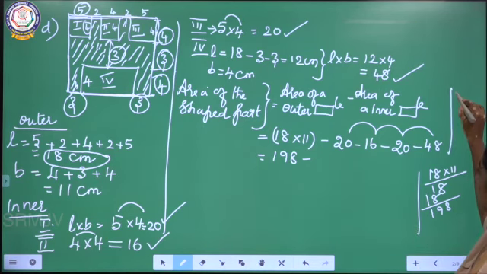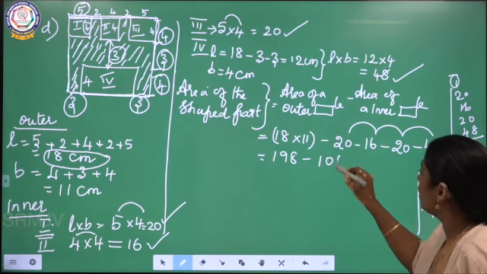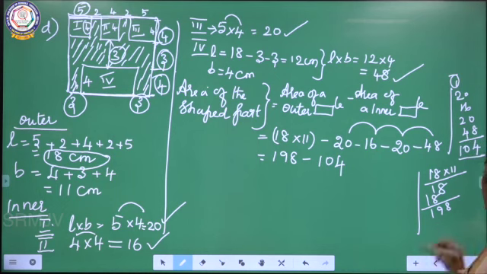What is that? 20, 16, 20, 48. So what is that? 14. Balance 1. 6 plus 8 is what? 14. Balance 1. 3, 4, 5, 6. And 6 plus 4 is what? 10. So I am subtracting the 104. Now 104, if I am subtracting, 8 minus 4 is 4 and 9.